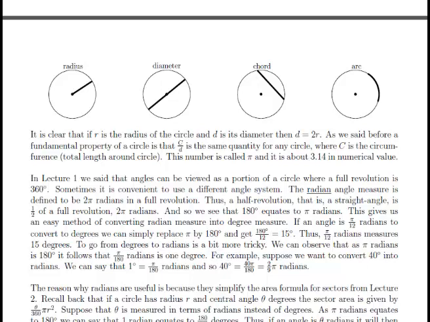Pi is defined as the ratio of a circle's circumference to its diameter. So in this diagram, if the diameter is 1, then the circumference is pi, which is about 3.14159. A very important ratio, as you can imagine, whenever anything is being designed.